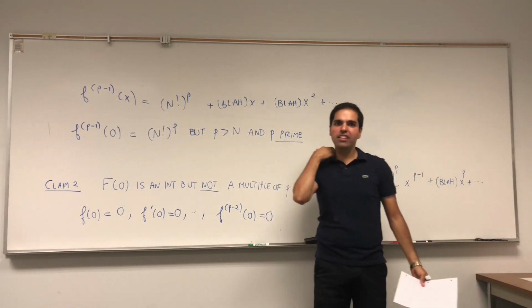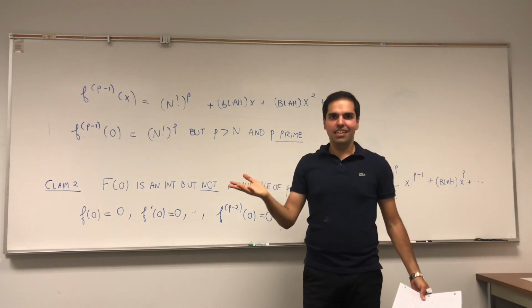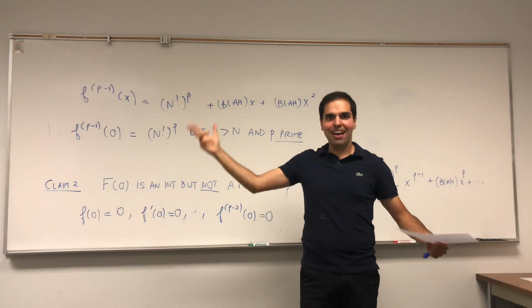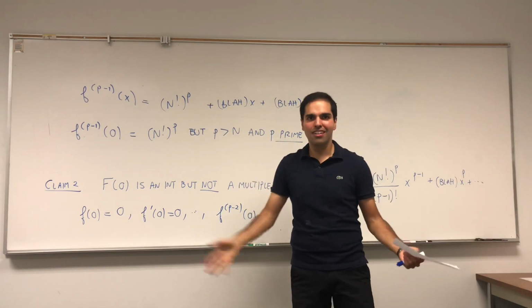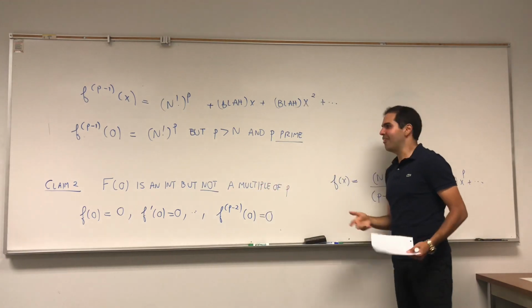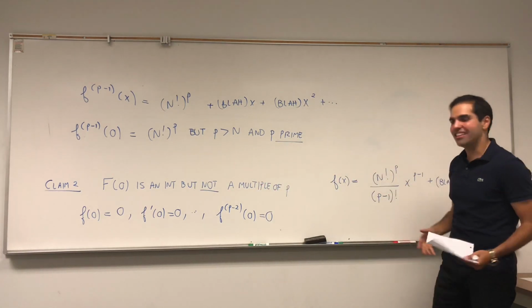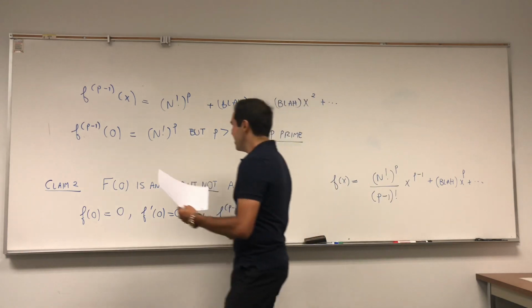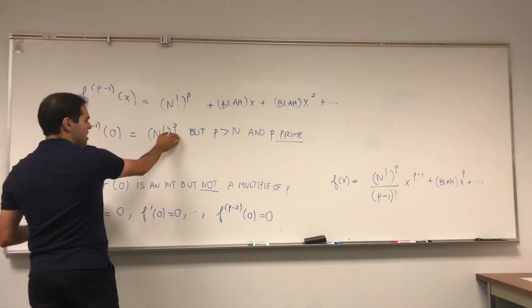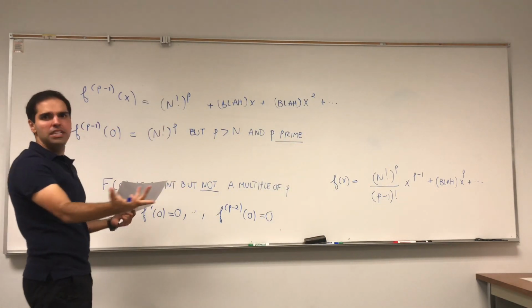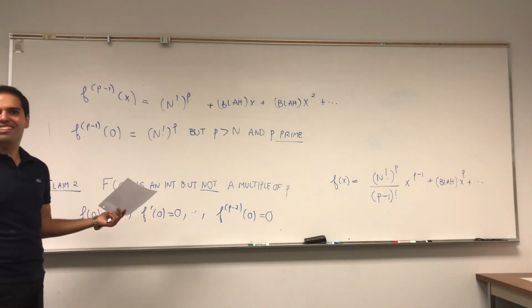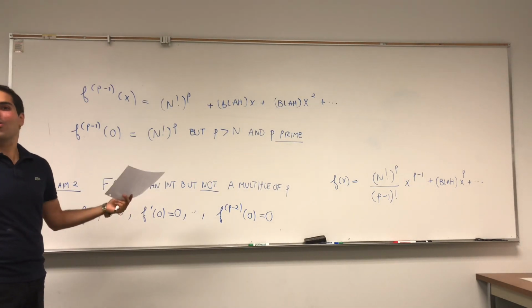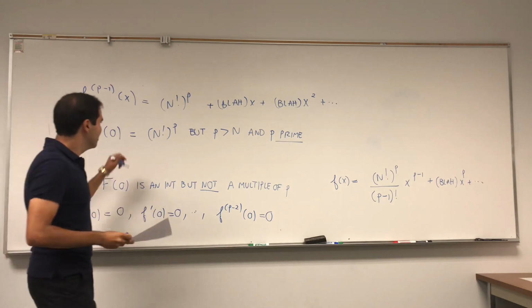Take, for example, the number 13. It's a huge prime, and it cannot divide any of the numbers up to 12. Otherwise, it wouldn't be prime, or it wouldn't be bigger than 12. And the fact that it's repeated p times doesn't really matter, because if 13 doesn't divide 2, it doesn't divide 4 or 8 or 16 anyway.